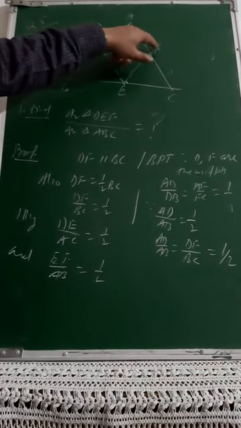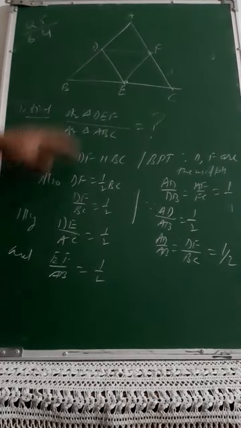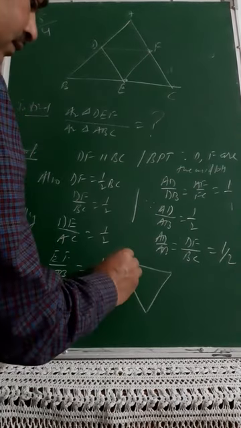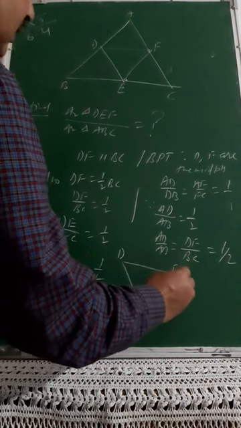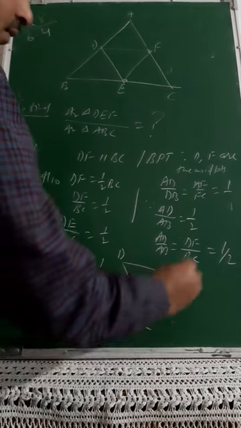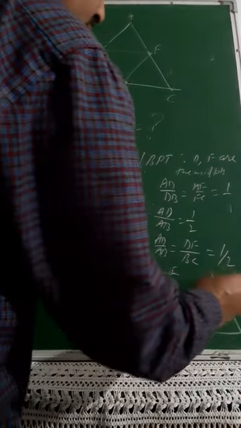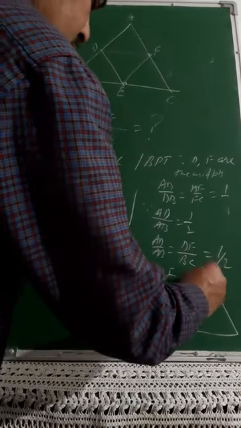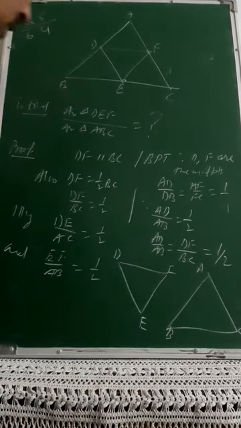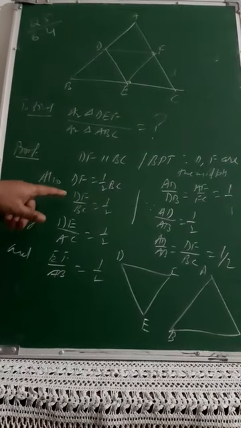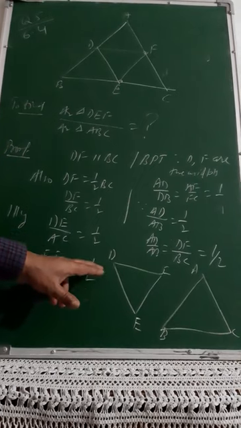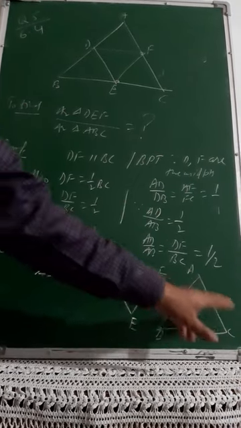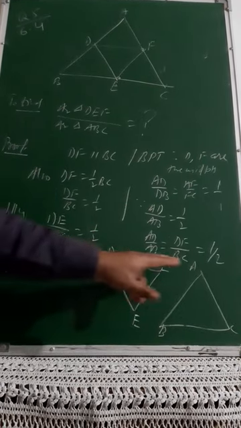Now you see that DF, DE and EF are the sides of triangle DEF, and then the whole triangle is ABC. So DF upon BC is equal to DE upon AC is equal to EF upon AB.